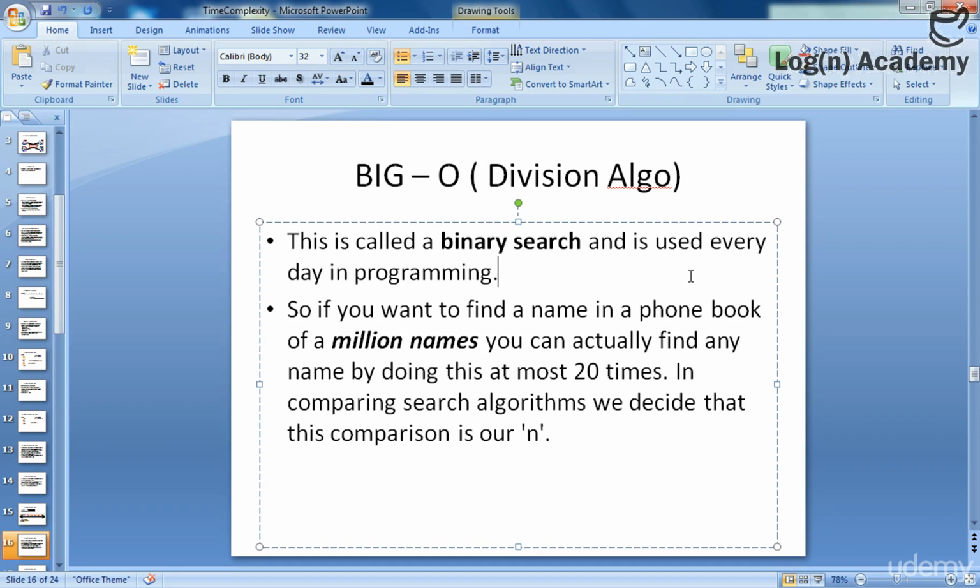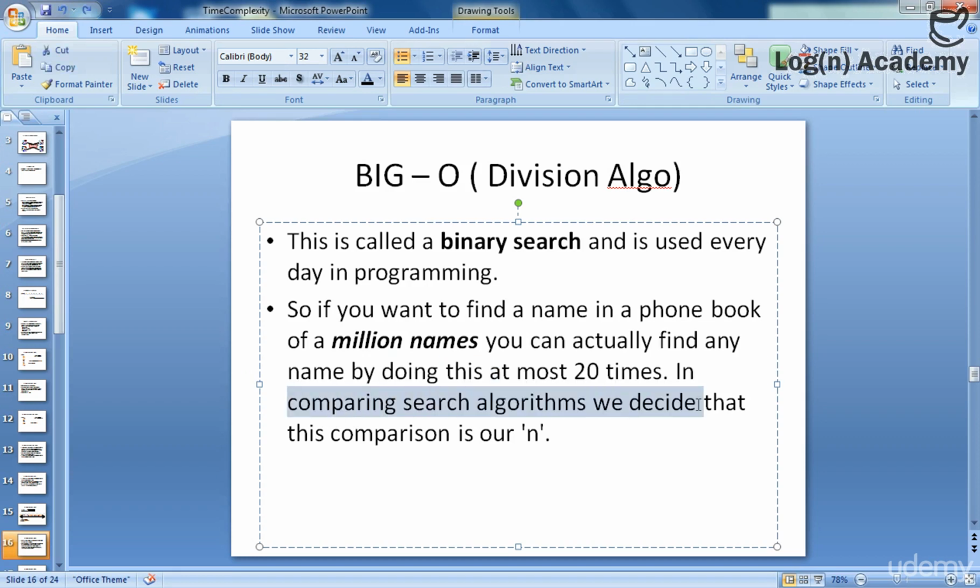This technique is called binary search, in which we divide our problem space by half, and we keep on dividing it into halves until we get the result. It is used in everyday programming. If you want to find a name in a phone book of 1,000,000 names, you can find any name by doing this at most 20 times.